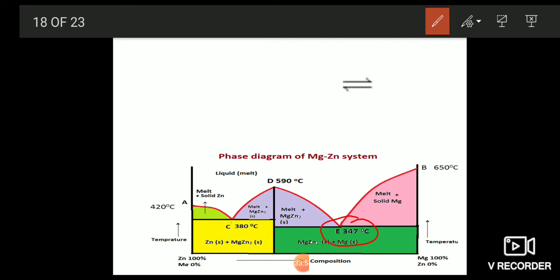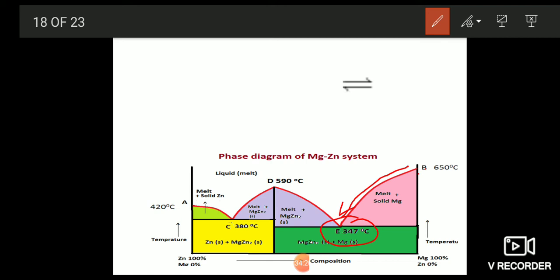On successive addition of zinc to magnesium along the curve BE, the added zinc will dissolve in the melt and is in equilibrium with solid Mg. After reaching point E, the added zinc will react with magnesium to form a new compound MgZn2.